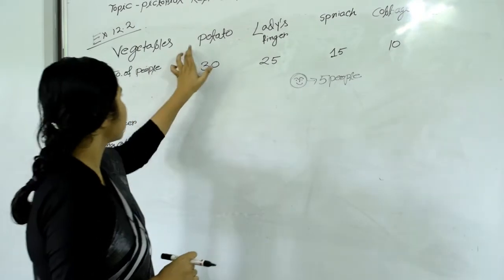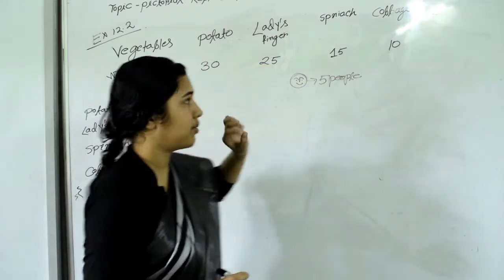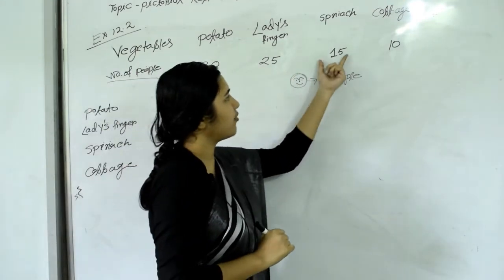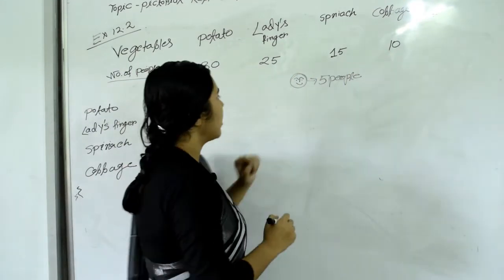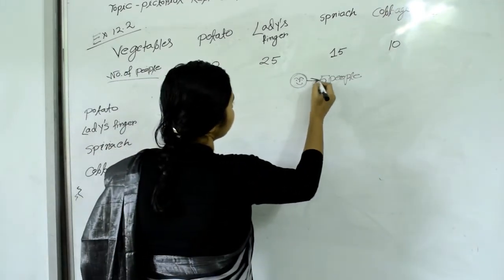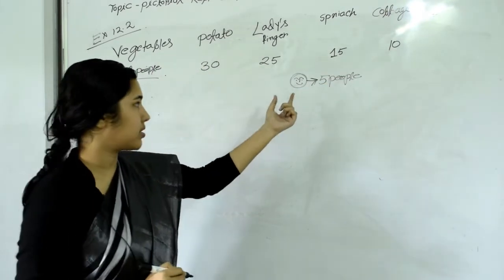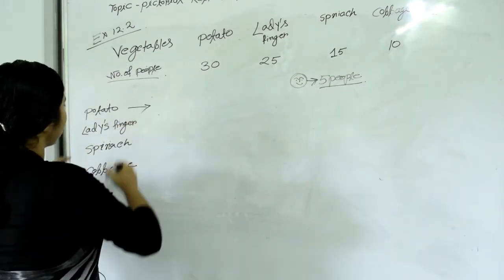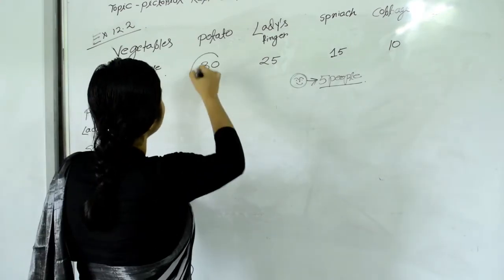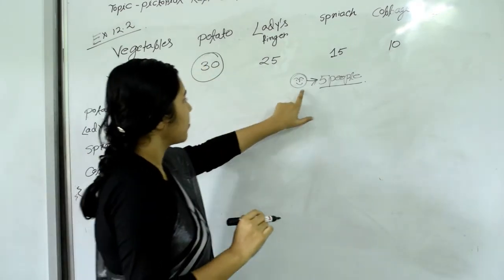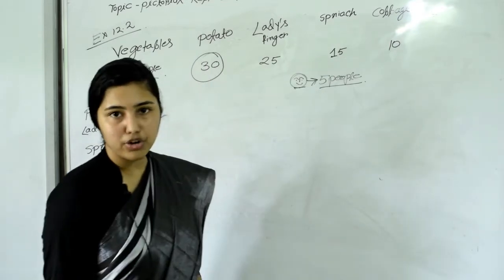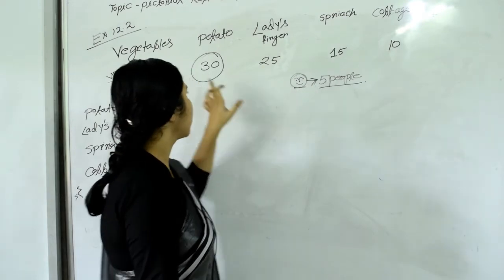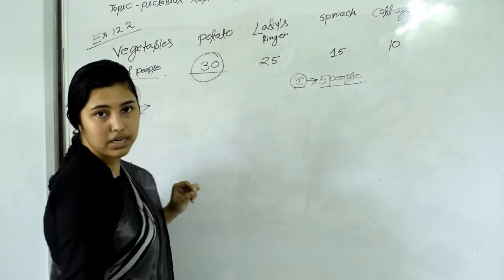So here are the names of vegetables and the number of people: 30, 25, 15 and 10. Here one face represents 5 pupils. Okay. So first, for potato there are 30, which we have to represent by a pictograph, by drawing smiley faces for the number 30.